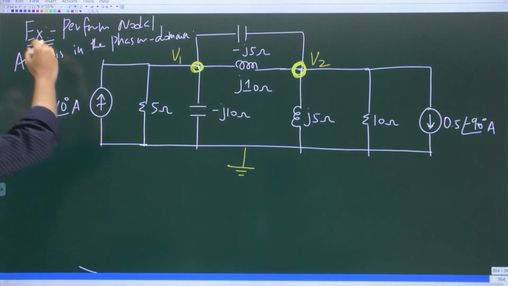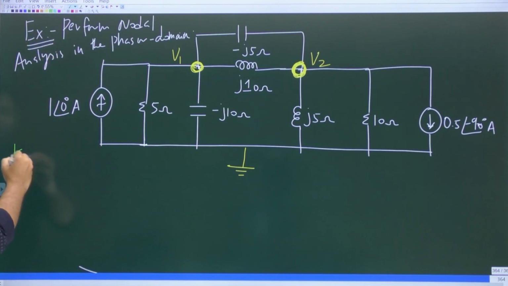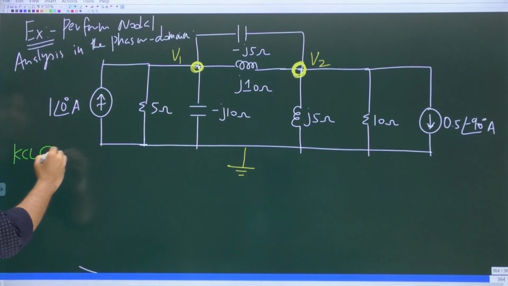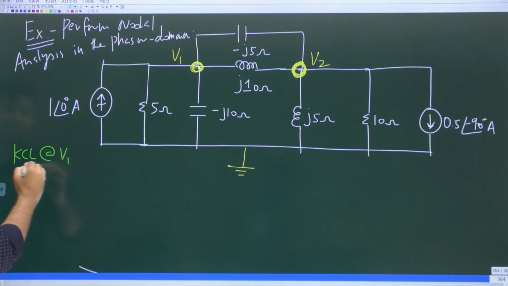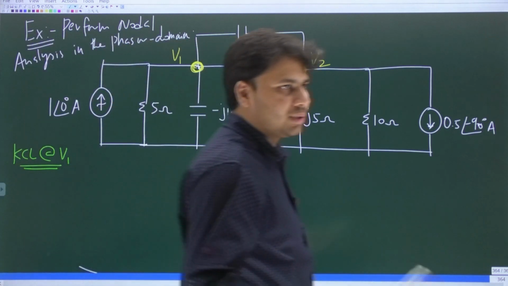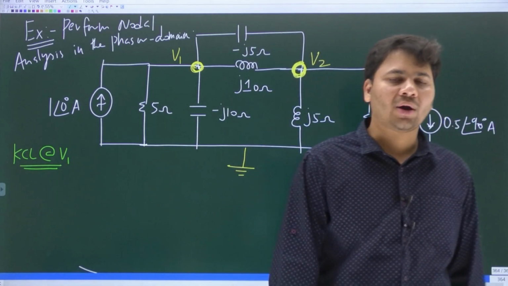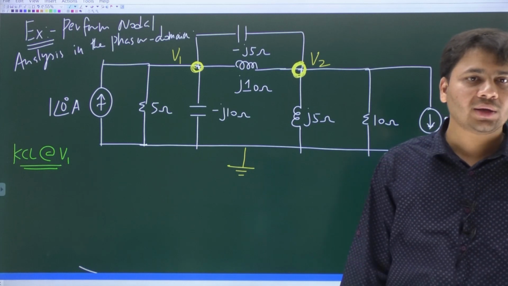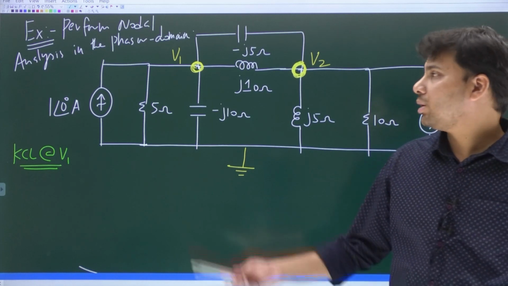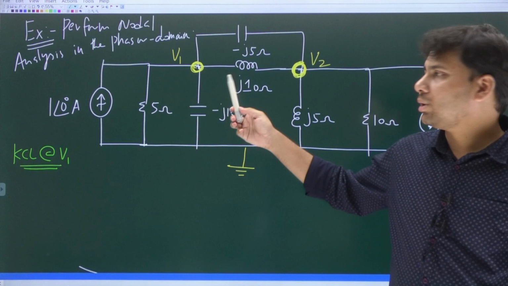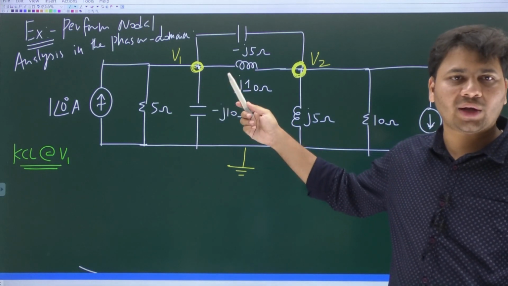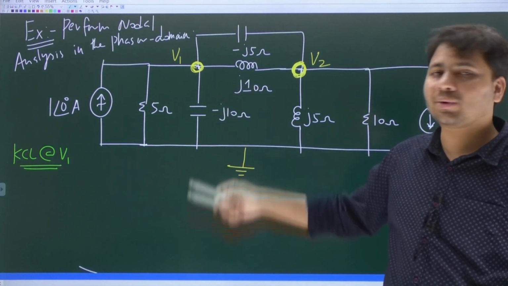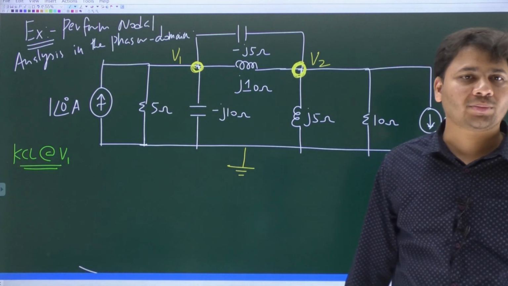Okay. Look at this. Let's say we are writing KCL at the node where the voltage is V1. If you recall, the convention that we follow is, if you are writing KCL at any node, we will always assume the current through any impedance or resistor connected to that node to be flowing away from the node.